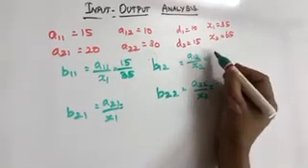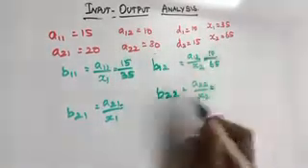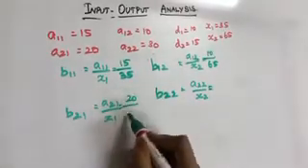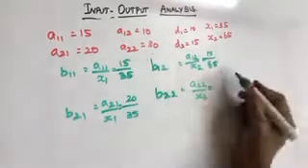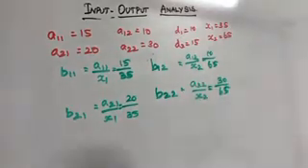B12 is A12 by X2, X2 is 65. Similarly, B21 is 20 divided by 35, and B22, with A22 being 30, is 30 divided by 65. Shall we simplify it?